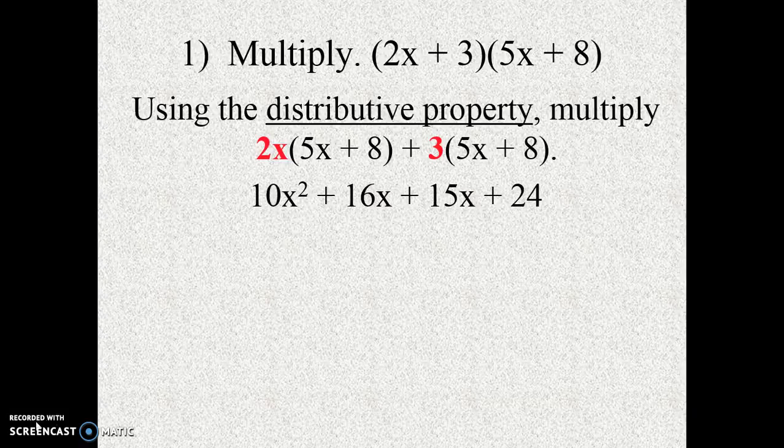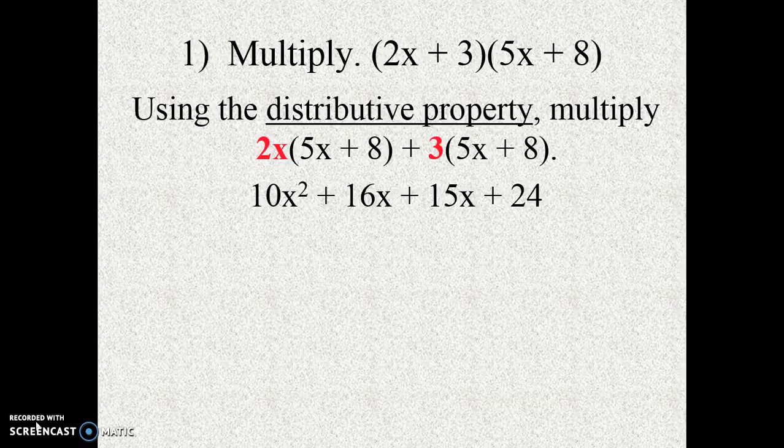So using the distributive property, 2x times 5x gives you 2 times 5, 10, x times x, x squared. 2x times 8 is 16x. Then 3 times 5, 15x, 3 times 8, 24. Always remember, you have to multiply both terms.